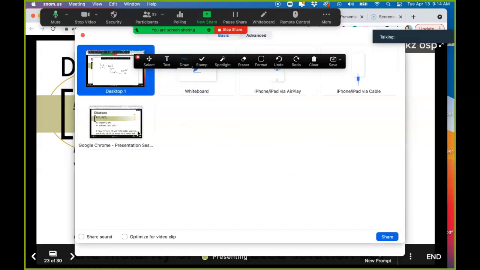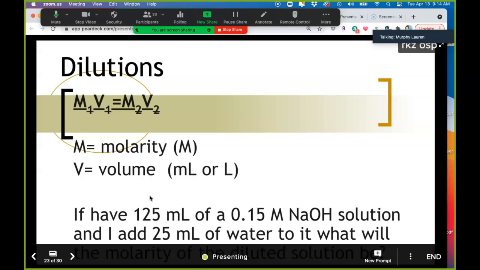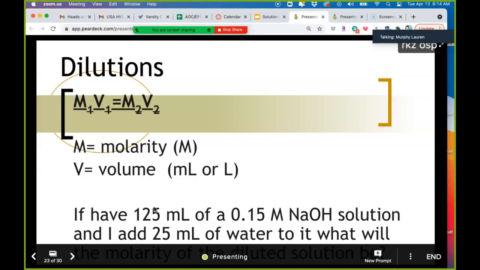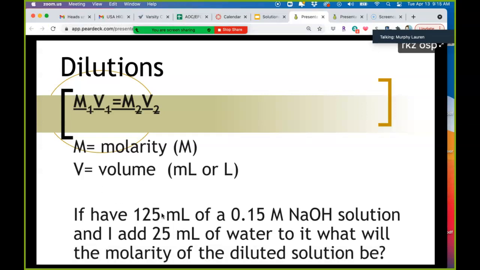Now the math for this is actually pretty easy as long as you can read the problem. So if I have 125 milliliters, so there's my volume, V1. And a 0.15 molar sodium hydroxide solution, so that's M1.